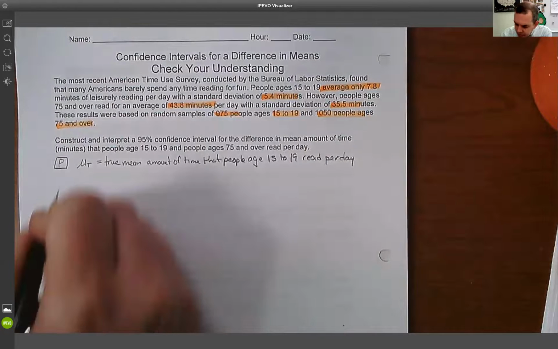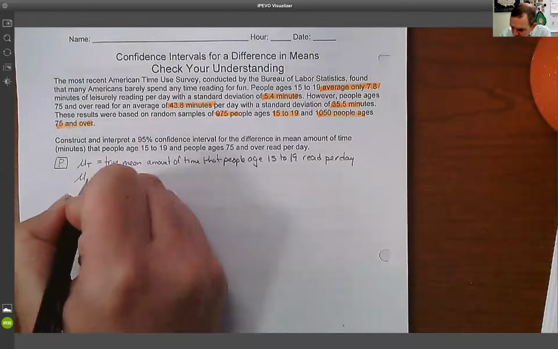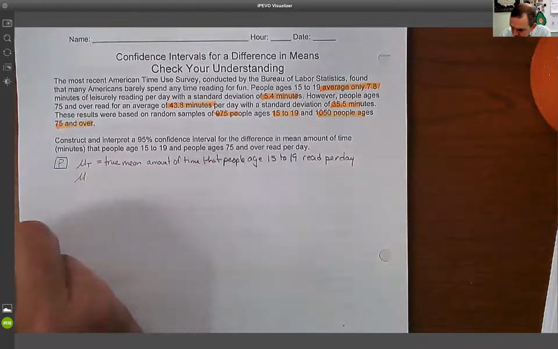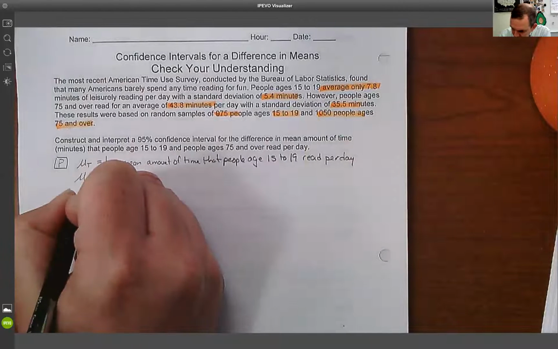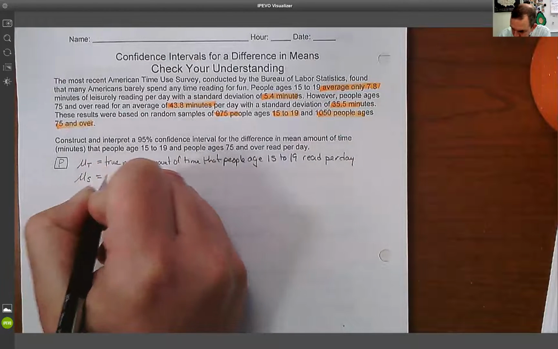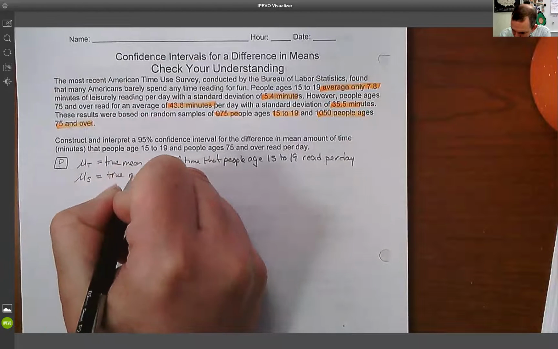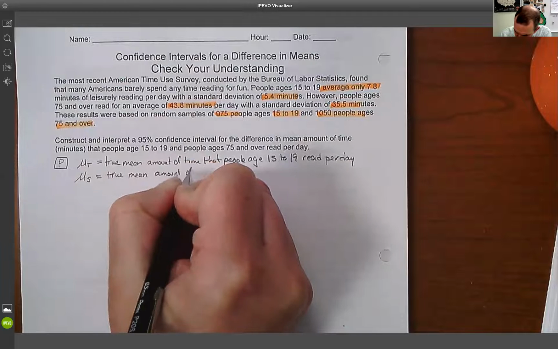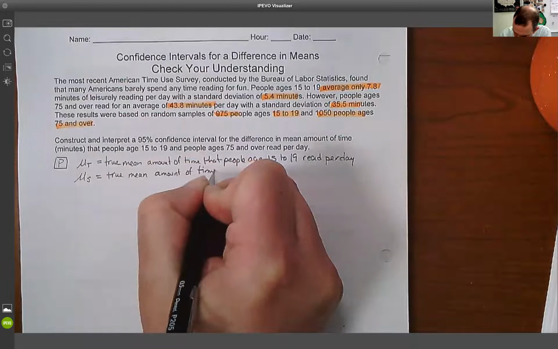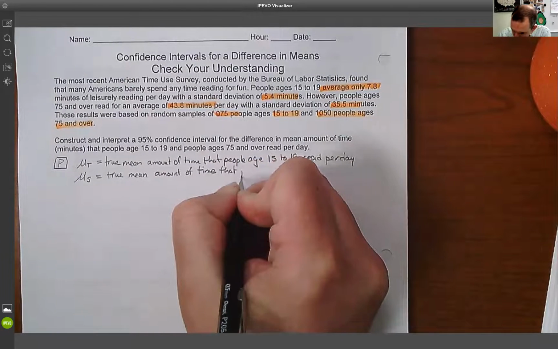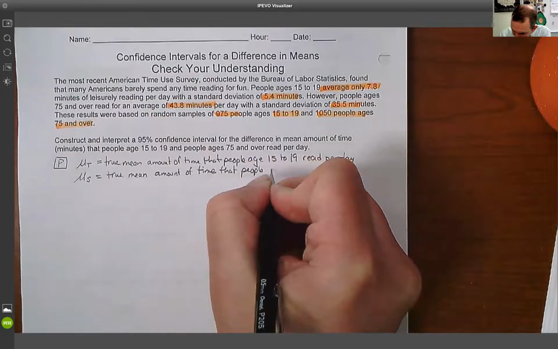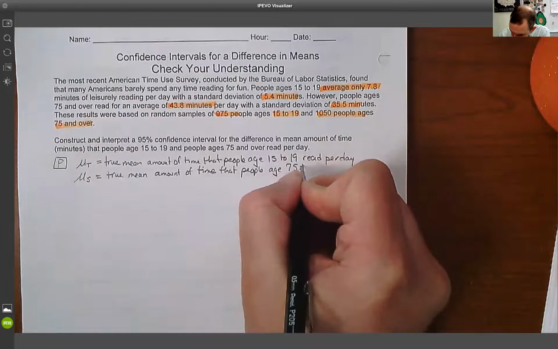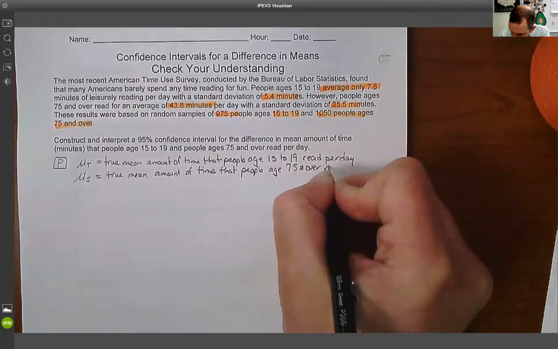T for teen. For this one, I don't want to do older, so let's do S. Mu s is the true mean amount of time that people aged 75 and over read per day.